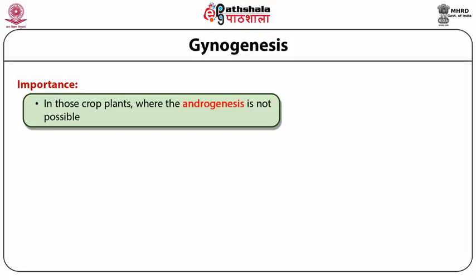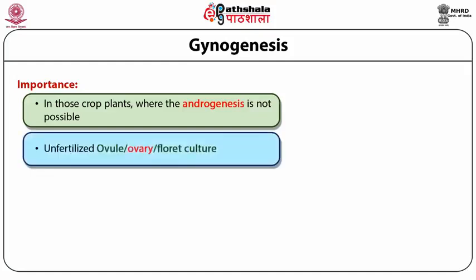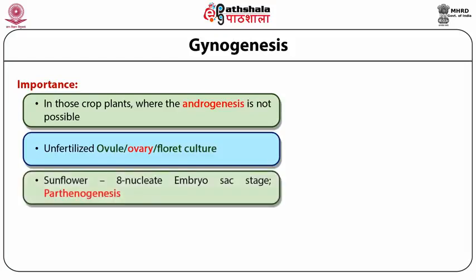Gynogenesis is achieved by culturing unfertilized ovules, ovaries, or even the florets, a piece of inflorescence, under aseptic conditions. The stage at which you culture the ovules is generally the 8 nucleate stage.